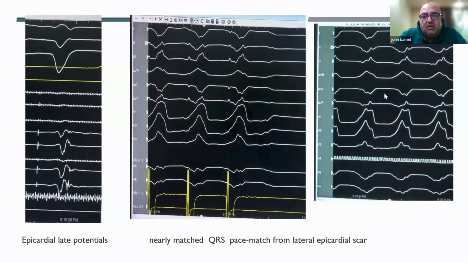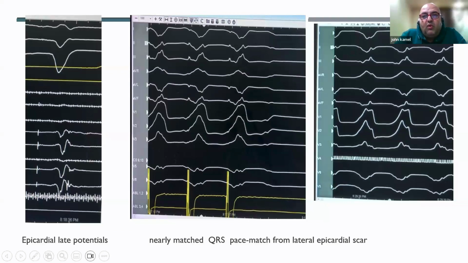It is not a 12 of 12 match, but by the CARTO machine we have about 95 to 96% matching of the clinical VT. As you can see, lead 1 is the same, lead 2 is the same, lead 3 is the same.